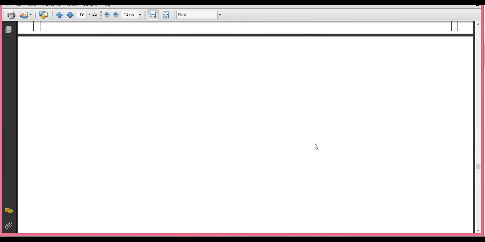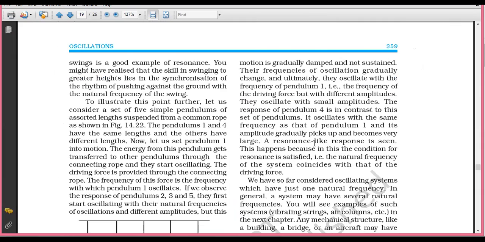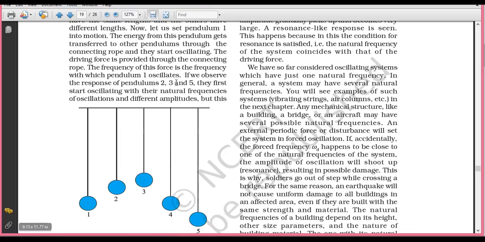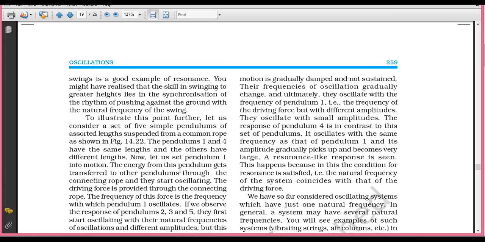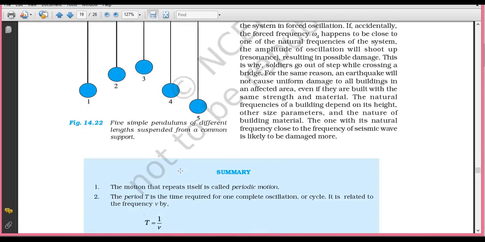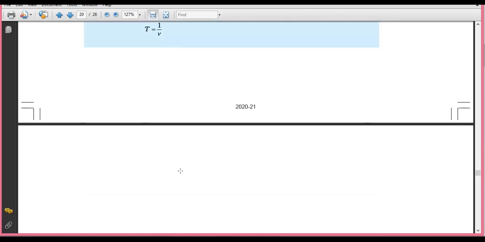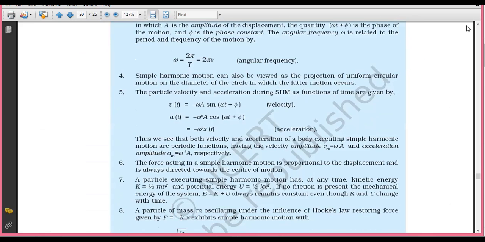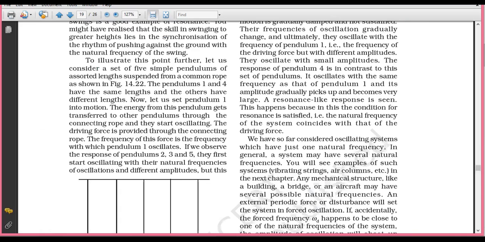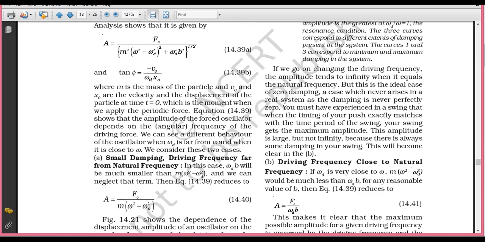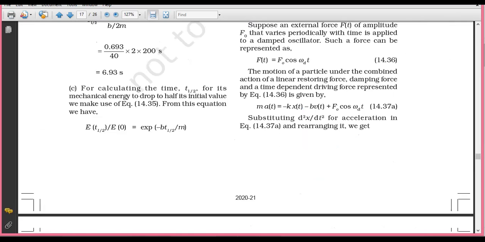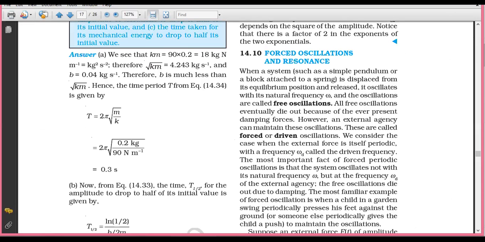In my opinion, they have given so much mathematics for which you don't have proper background. This experiment, we have it in the lab. I'll show you this. What happened to the other systems? I wonder if they have removed some of the syllabus.